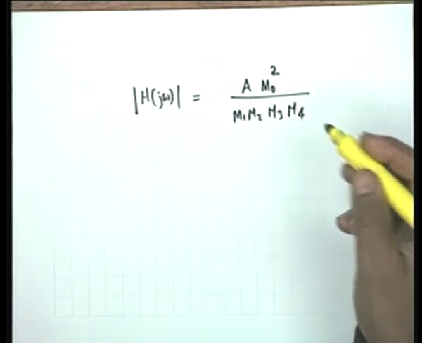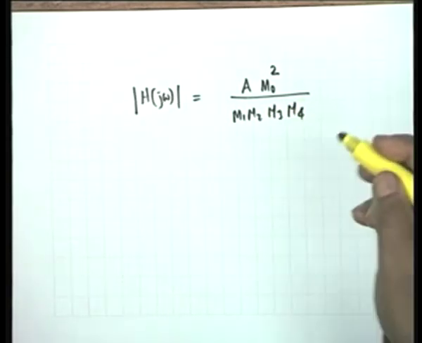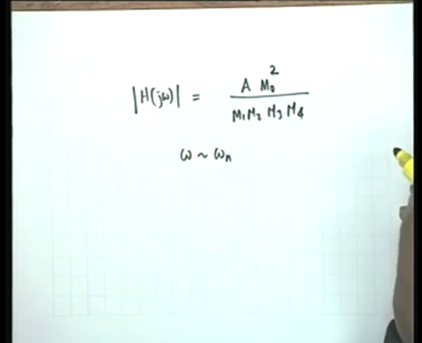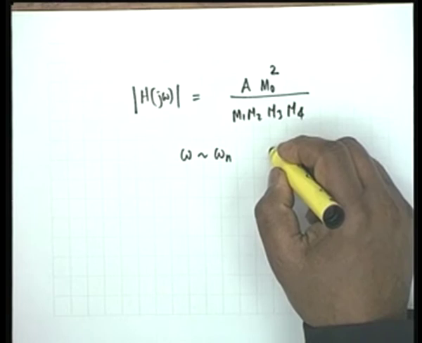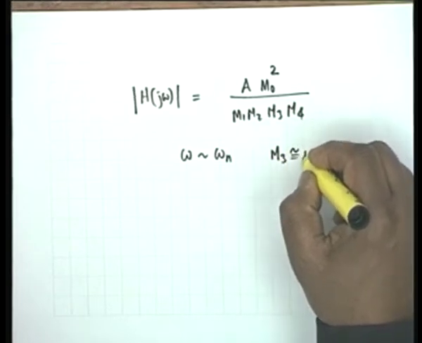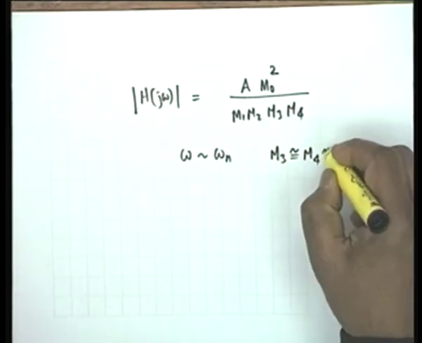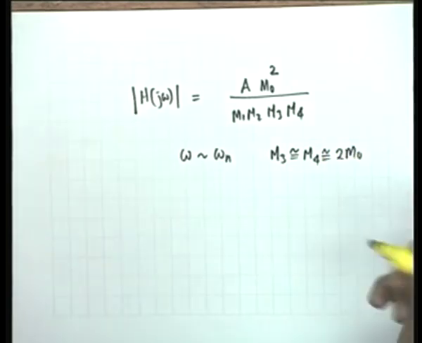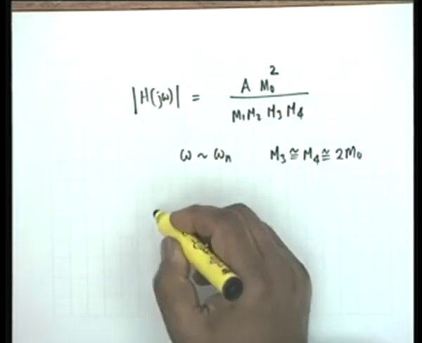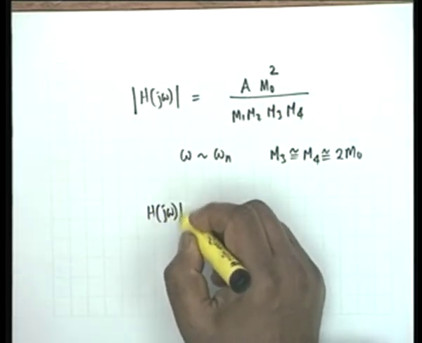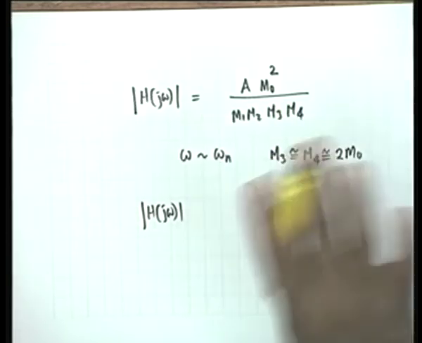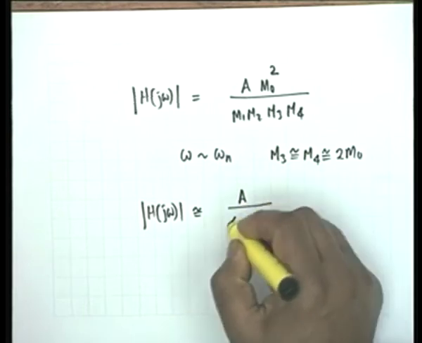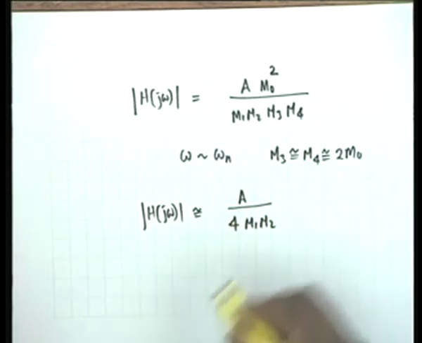Not cube, and therefore it will make a difference. Now obviously if omega is of the order of omega n, then m3 would be approximately equal to m4, approximately equal to twice m naught. And therefore if we substitute this, this would be approximately equal to A divided by 4 m1 m2. All right.